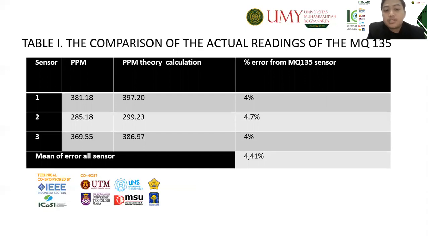For the calibration of the sensor, the average error of the three MQ135 sensors used was 4%, and the reading did not reach 5%, but almost close. Based on the three sensors tested, they have almost the same percentage error value. It indicates the performance of each sensor is almost the same.